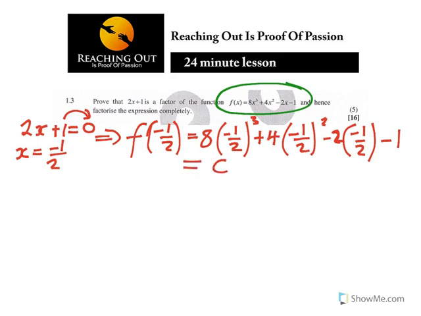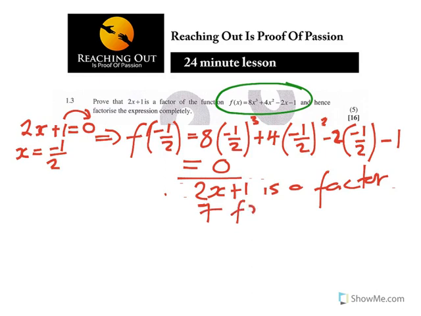So you get that 0. When you get it as a 0, what it simply means is, therefore, 2x plus 1 is a factor of f of x. That is what that 0 is saying.